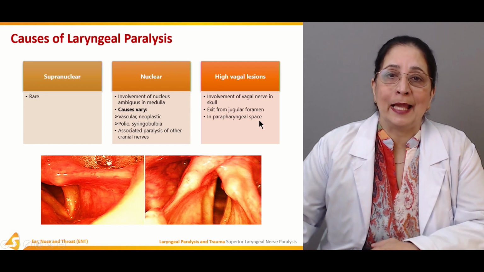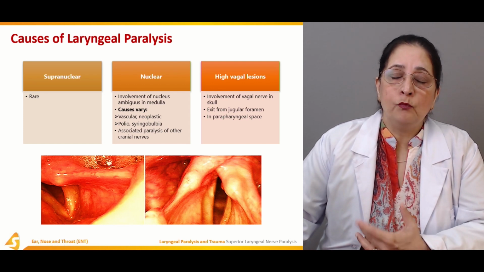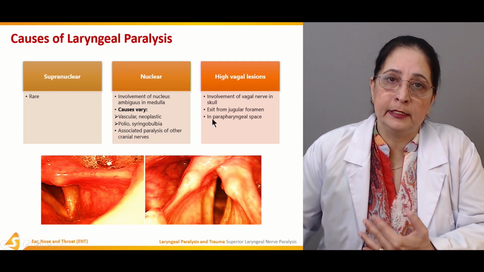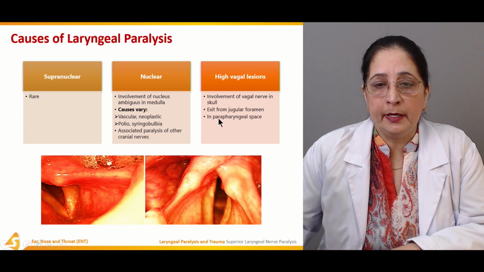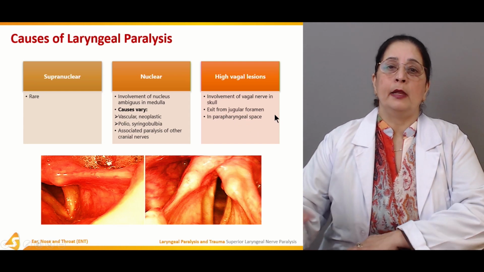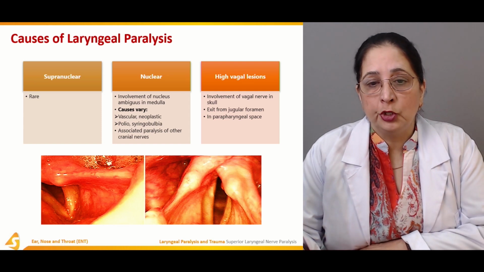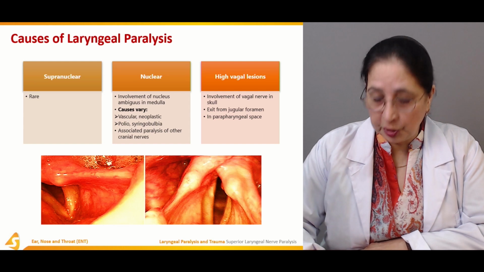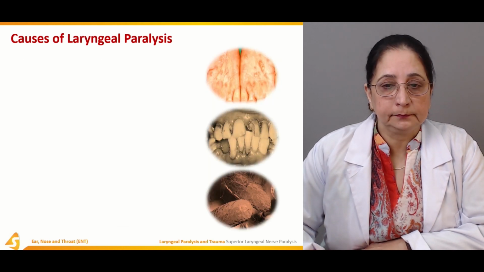So these are the different sites of involvement of the vagal nerve, in the parapharyngeal space or when it exits from the jugular foramen. All these are causes of laryngeal paralysis.